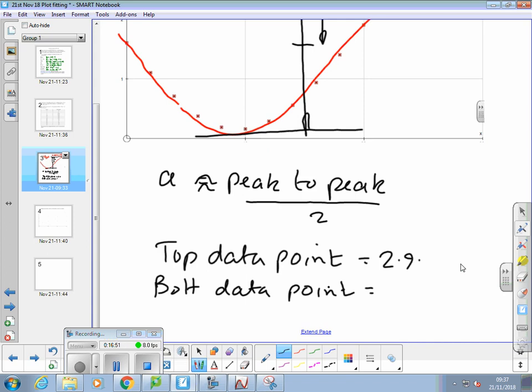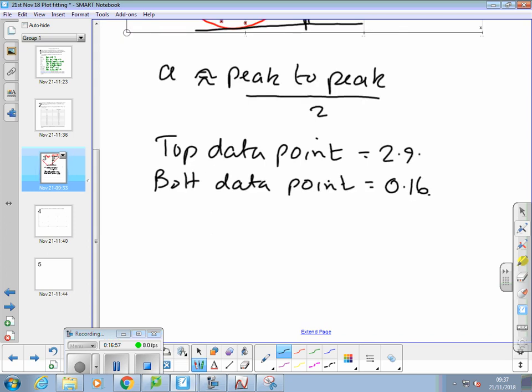That's the 8 seconds. Therefore, A is approximately equal to the difference between them two, 2.9 minus 0.16, top minus bottom. That'll give us the peak to peak. Divided by 2. Give me an answer.